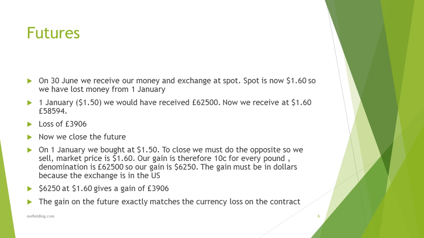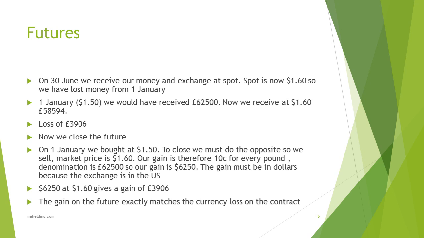Please notice your exchange is in Chicago, so all of your prices are quoted in dollars. So we bought at $1.50, we sell at $1.60. So you have 10 cents for every pound. Your gain is 10 cents. Your denomination is 62,500 pounds. So therefore your gain is 6,250. Everyone okay? It's 6,250 US dollars.